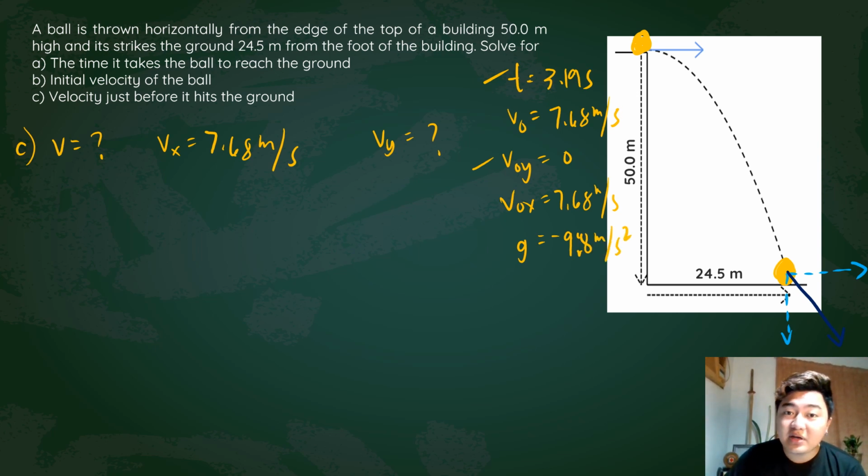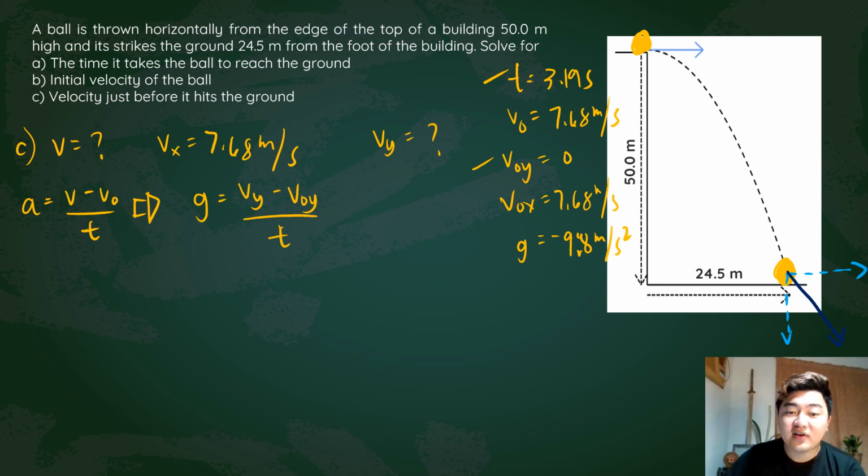One simple equation that we can use is this one: a is equal to the final velocity minus initial velocity over time. Just changing the values to fit the dimension that we are solving, which is y, this equation can be transformed into g is equal to your final velocity in y minus initial velocity in y over time.